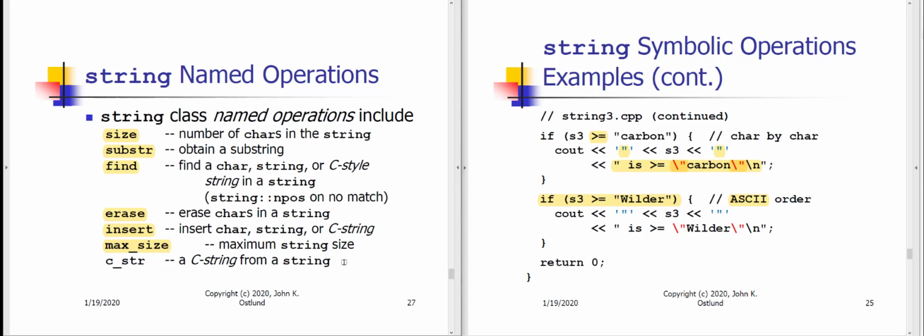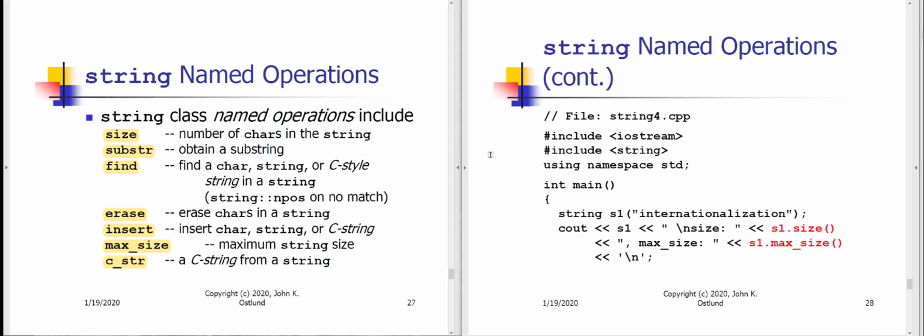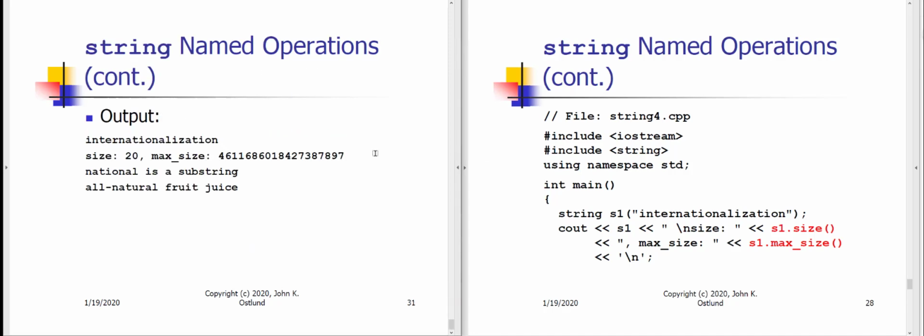And then, if you're dealing with an older library function that requires a C-style string, that is, an array of characters with a null character stuck on the end, you can obtain a C-style string, a C string, from a string object by using the c_str member function. So here on slides 28 and following, we have an example of this. And I'm going to just go to the output of this program on slide 31, and then we'll talk our way through what's going on in this code.